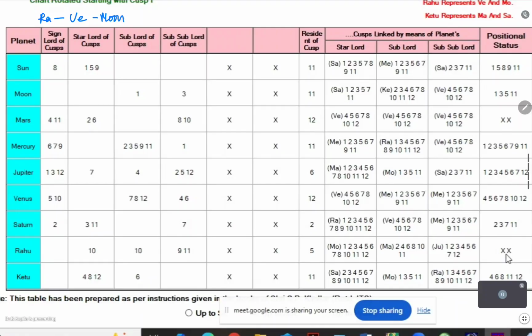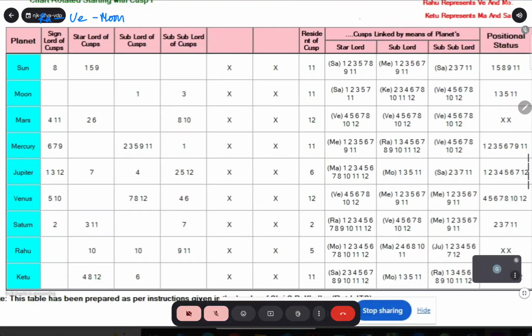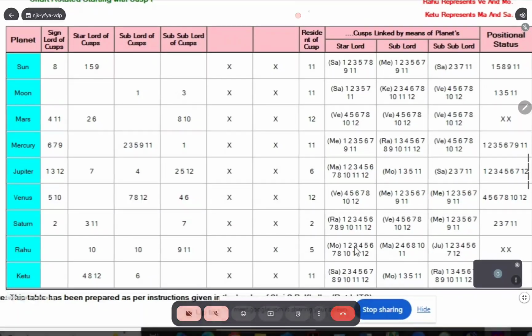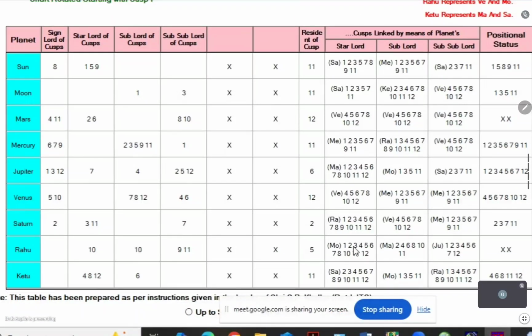Since it is not having a PS, therefore Rahu will give the results of its star. And Rahu is in Moon star. Moon is 1, 3, and 11. So you write down these cusps 1, 3, and 11. Okay, 1, 3, and 11. Is it okay? First of all, you will have to check Rahu.